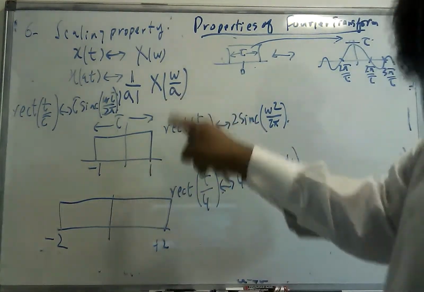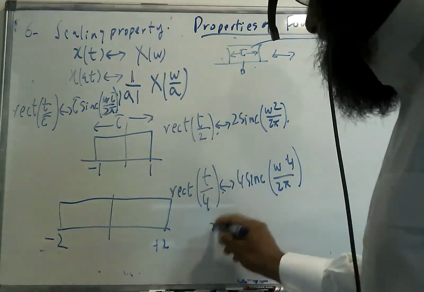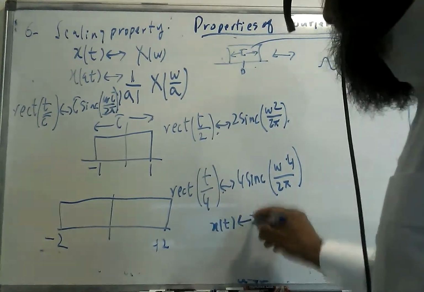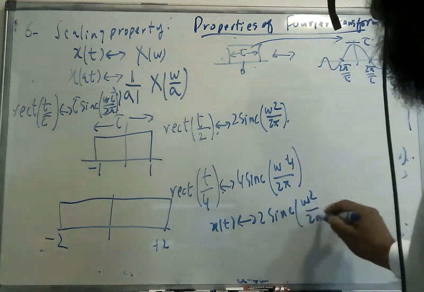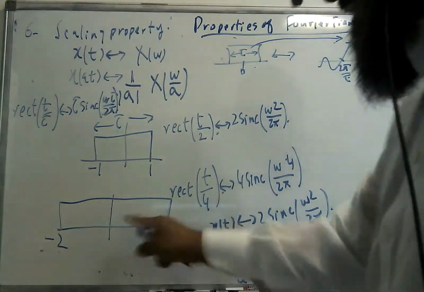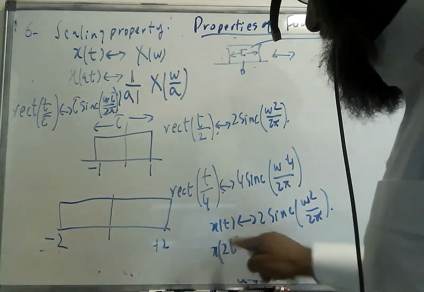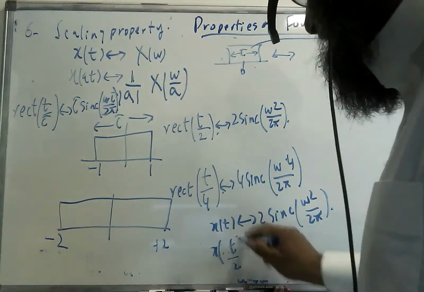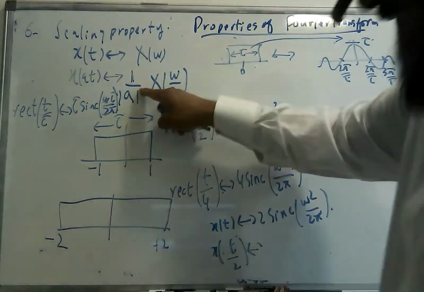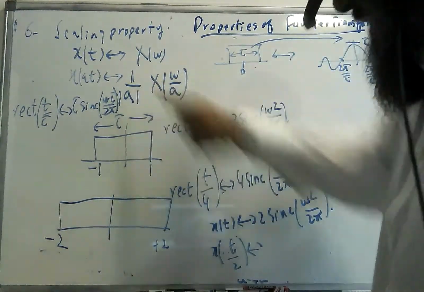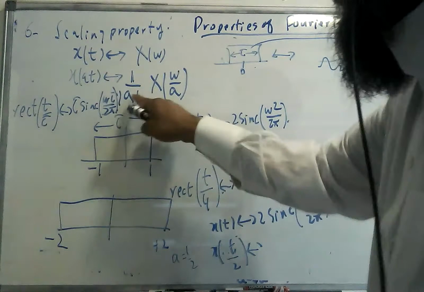If I use the property, so x of t is 2 sinc of omega 2 divided by 2 pi. If I expand the signal, which means that I divide it by 2, I'm expanding the signal by twice. So from this equation, a is 1 over 2.